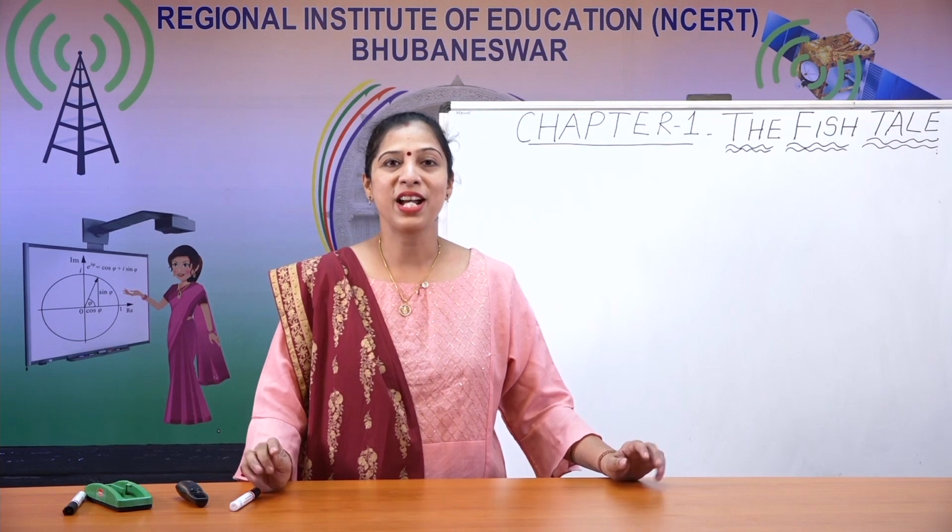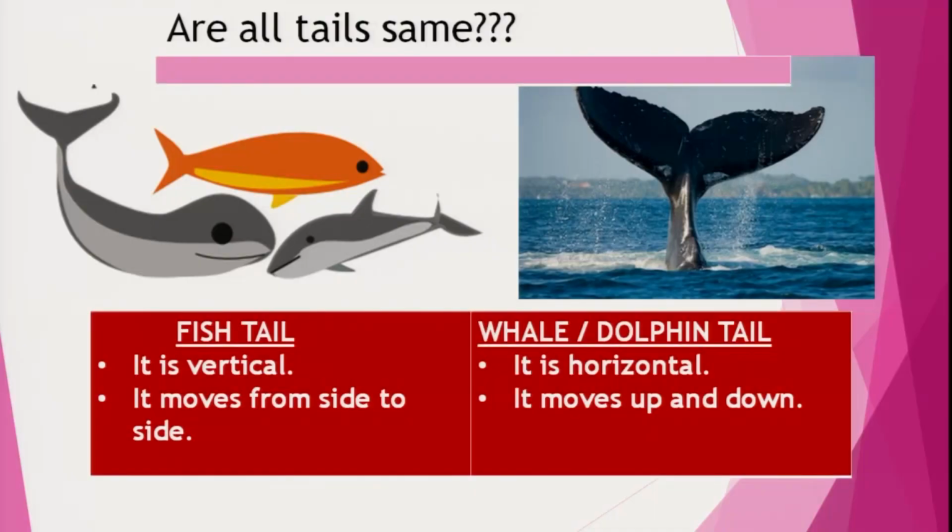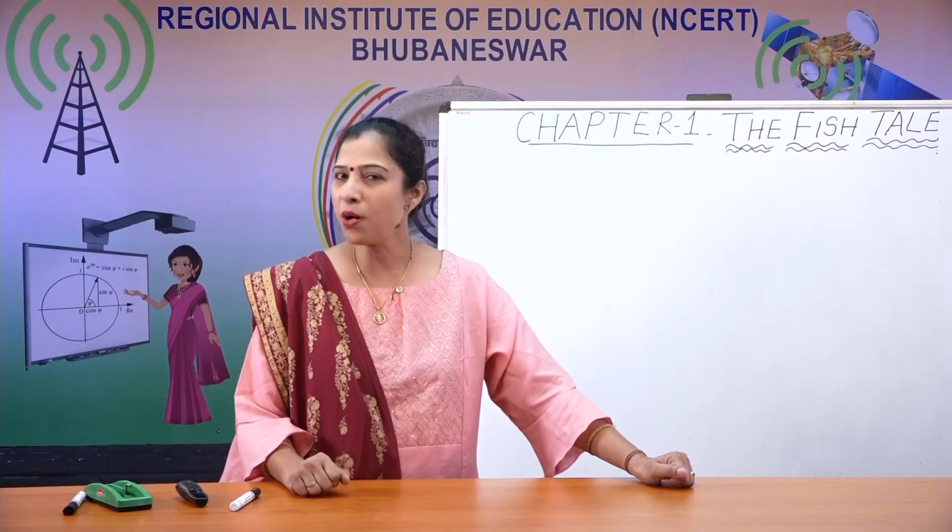Now, when we are talking about these tails, you can see that fish have two different types of tails. Now, the whale shark we were speaking about is actually not a fish, it's a mammal. What do you know about mammals?